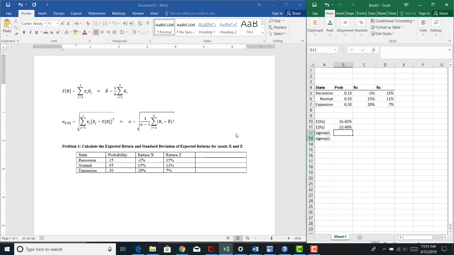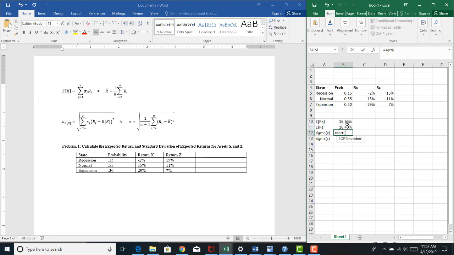Now to calculate the standard deviation of expected returns, it's going to require a little bit more. Okay, so I'm just going to follow this formula. I'm going to say equals the square root, and I'm going to open up parentheses. And I'm going to take the probability of the first economic state, and I'm going to times that by the squared difference between the returns for stock X in that state and the mean return.